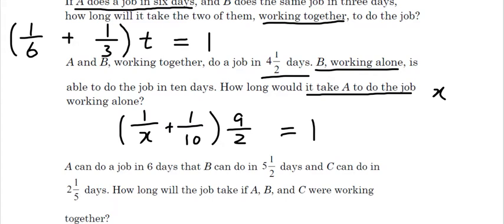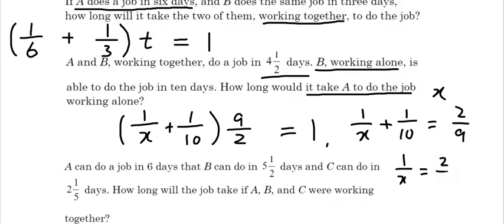So with fraction operations, 1/x plus 1/10 equals, so we just divide by 9/2, which gives 2/9. Okay, right? So 1/x equals 2/9 minus 1/10.